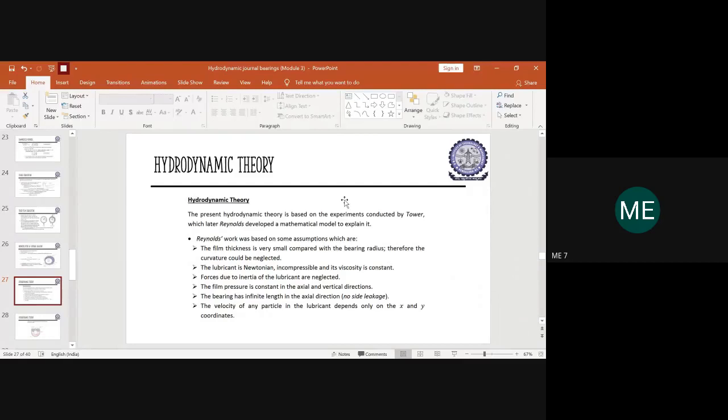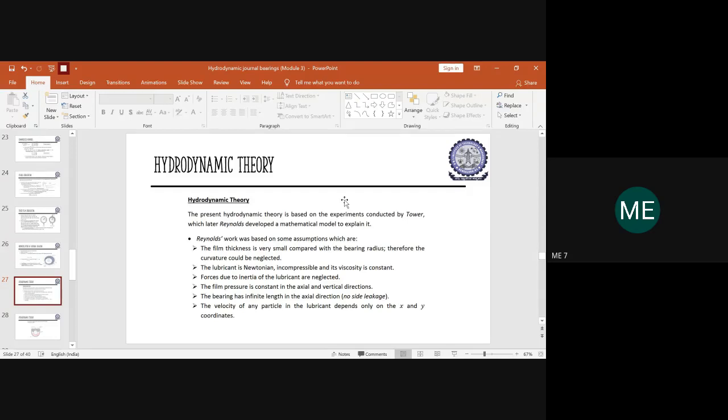For all the experiment data, it has to be substantiated or validated by some analytical method or mathematical model. So Reynolds developed a mathematical model to justify the experimentation data done by Mr. Tower. Hence the mathematical model derived by Mr. Reynolds is termed the Reynolds equation.